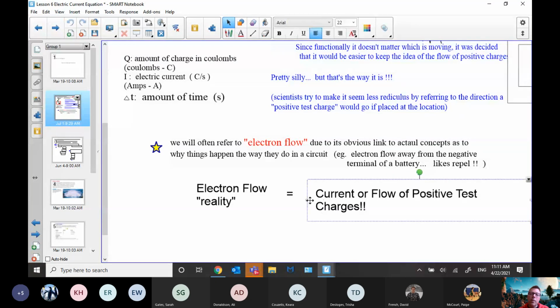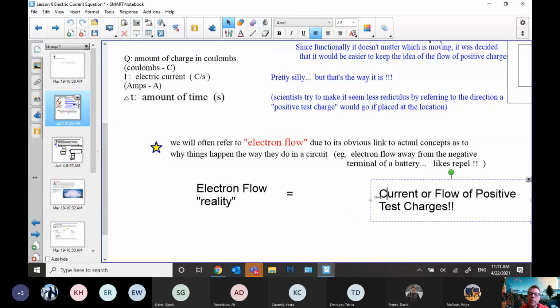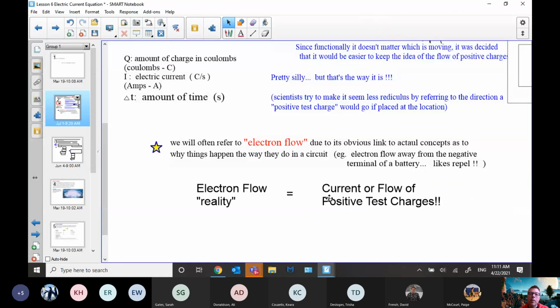So they're equal but opposite, I guess you could say, in direction, right? So let's put versus here instead. So electron flow, which is reality, versus current.